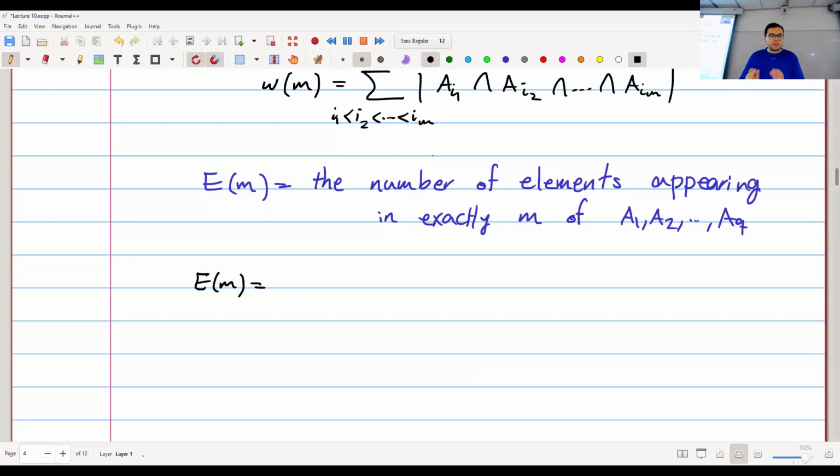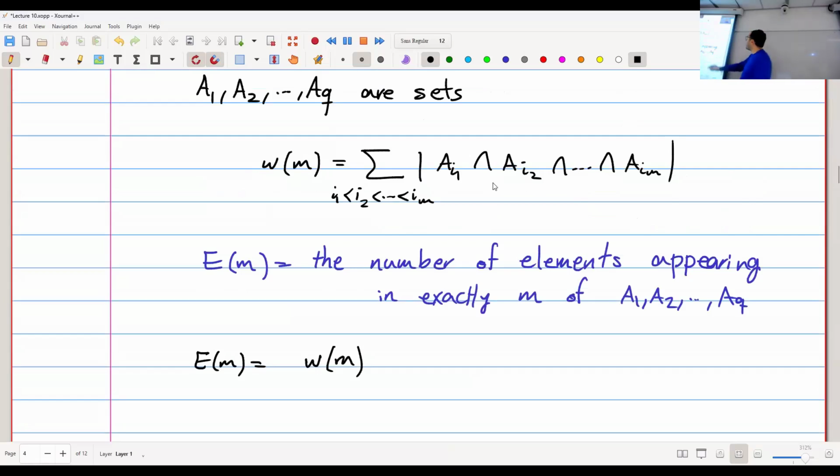I want to count all the elements that appeared in exactly m of the sets. So the first thing I say is add omega m. What is omega m? It's basically saying look at all the combinations of m sets, look at all of their intersections, and count any elements that are in those intersections.